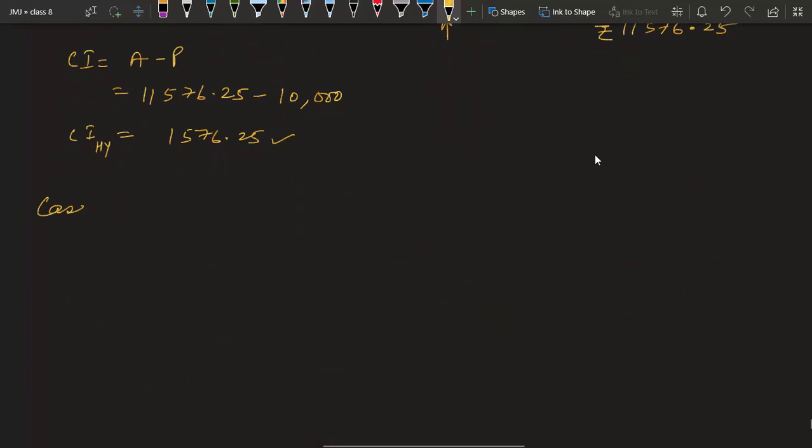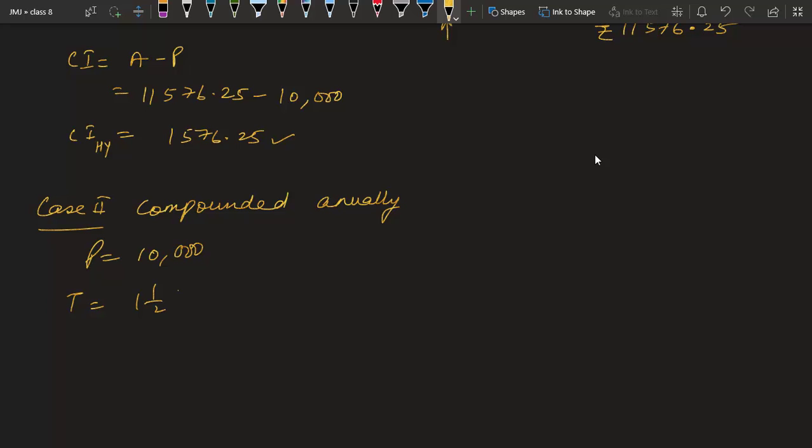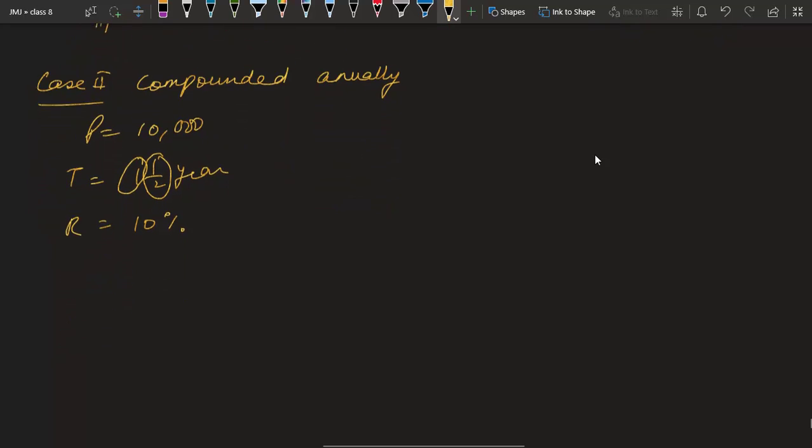So let's see the case of compounding annually. Case 2, compounding annually. Principal remains the same, 10,000. Time remains the same, 1.5 years, and rate remains the same, 10%. But we all know we have to first find for the first year and then for the remaining half year. Okay, let's find.